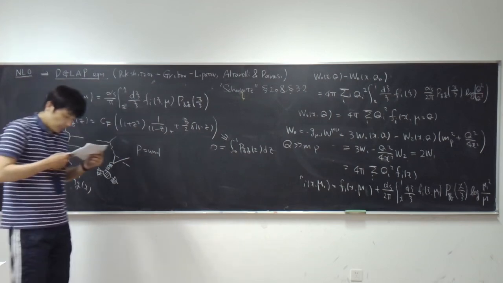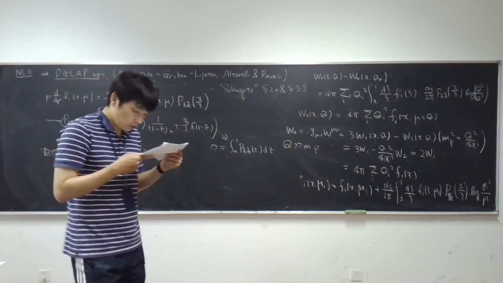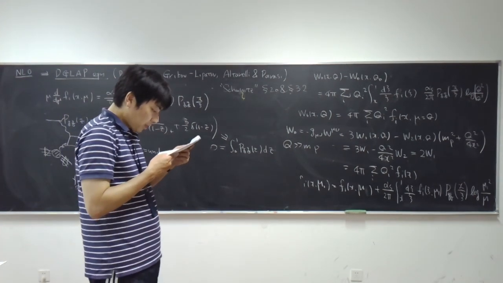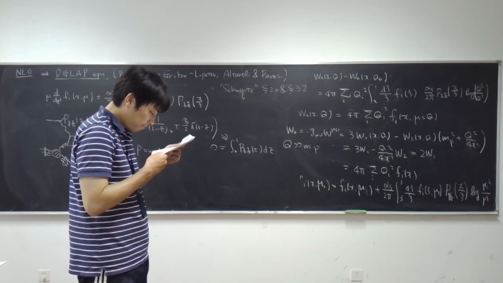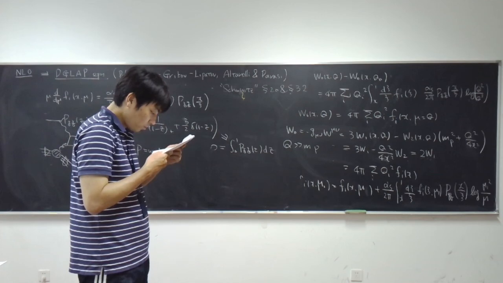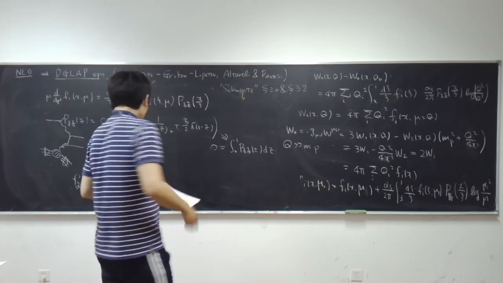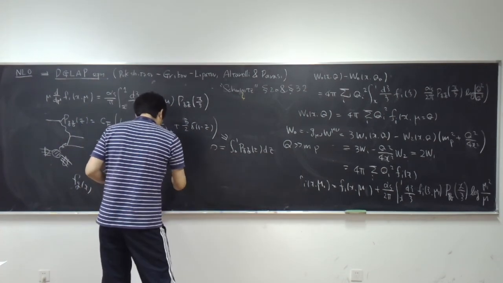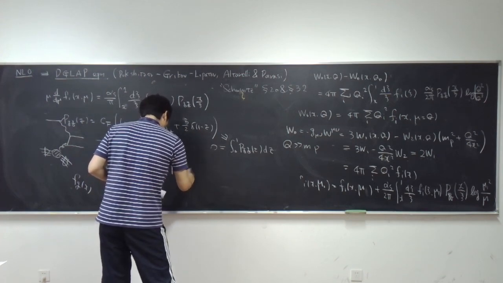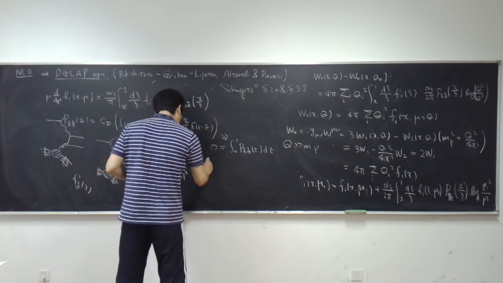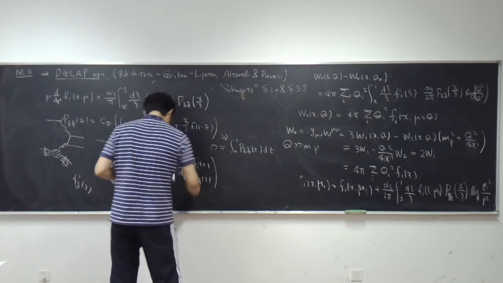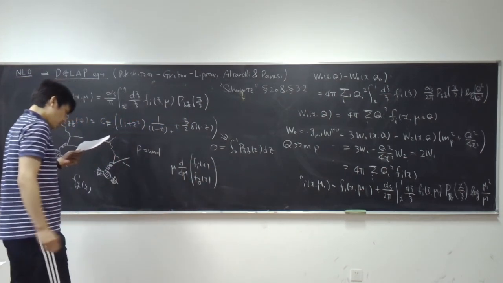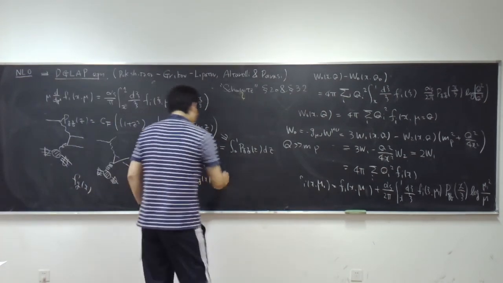And then if you do a similar computation, you will get the mixing of F_i(x) and F_g(x), so it becomes a vector, so that everything is mixed up.